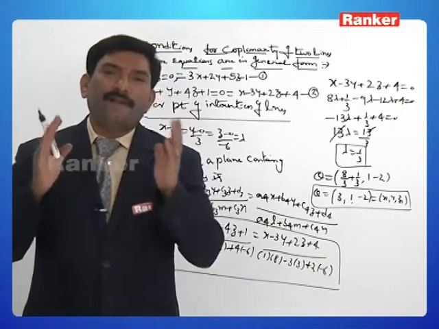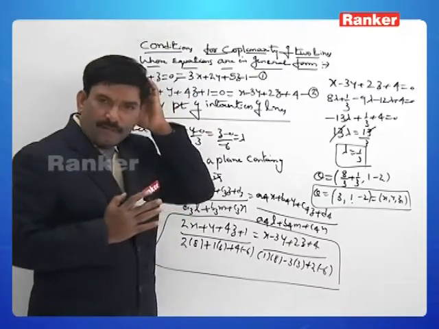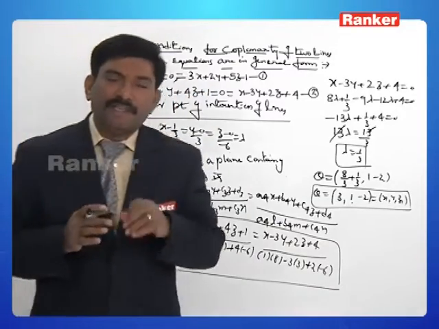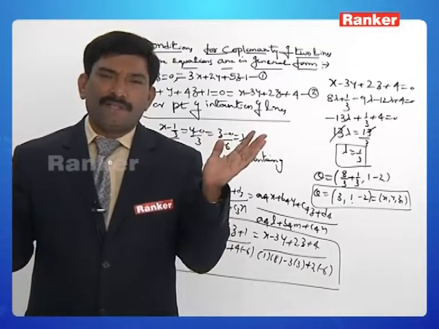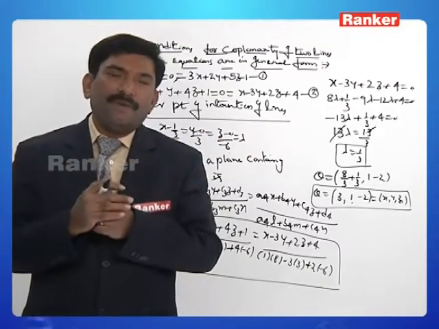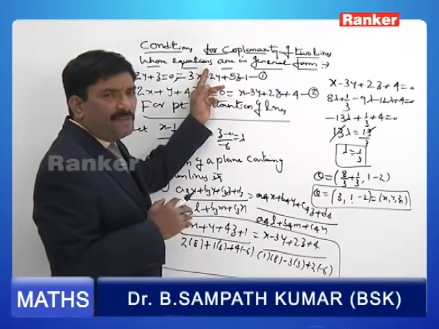Next, we established that by using these two planes, we found the equation of a line. If you consider them separately, they are planes; if you combine them, it's a straight line. We found the equation of a straight line in symmetrical form.